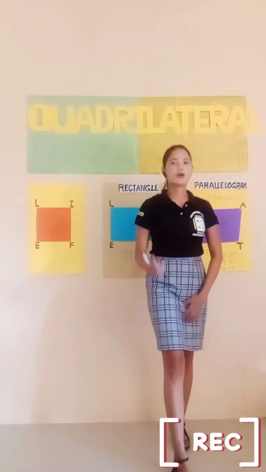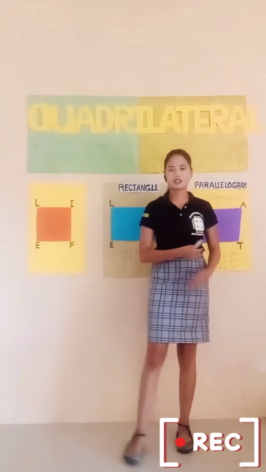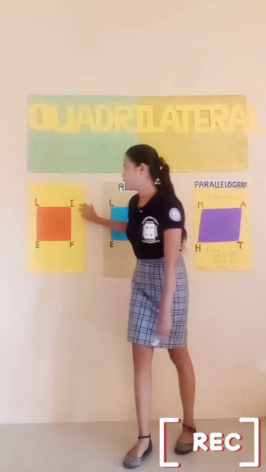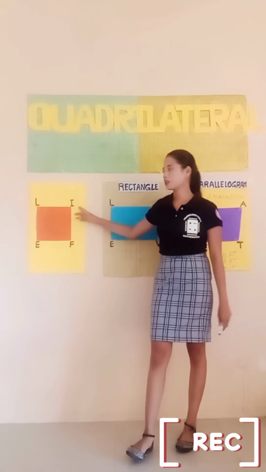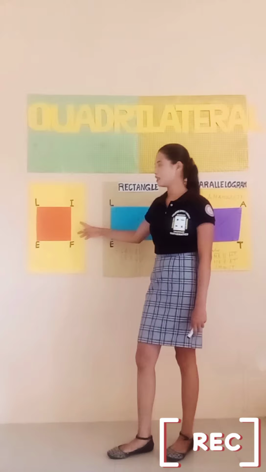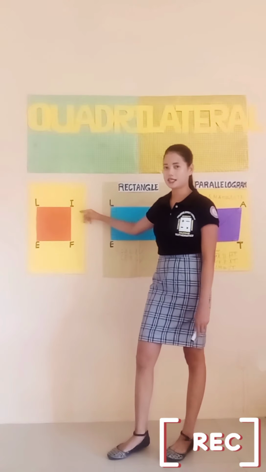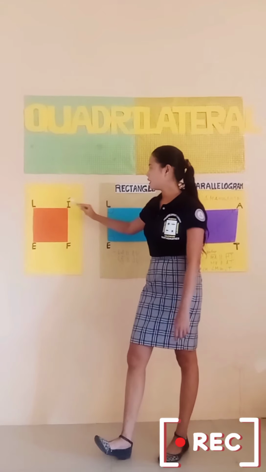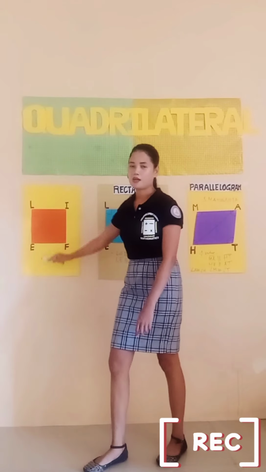Now, let's get even more exciting. Look at this figure. As you can see, it is also a quadrilateral with parallel lines and has four sides. I name this figure LIFA.